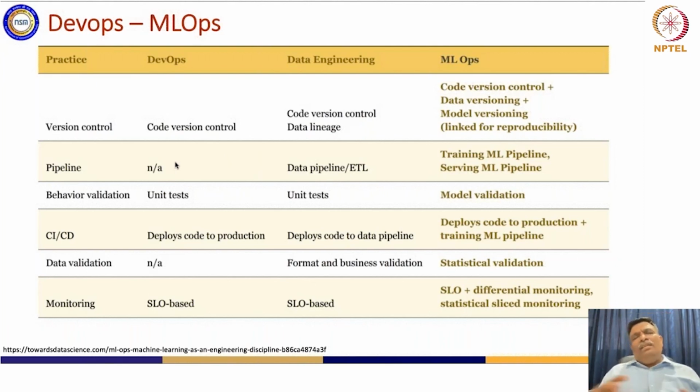So these are certain differences in how you do all of this. Then data validation, right? What type of data needs to be validated? In case of DevOps, since there was no data, there was no question of data validation as such. But when it came to data engineering, you had format and business validation.